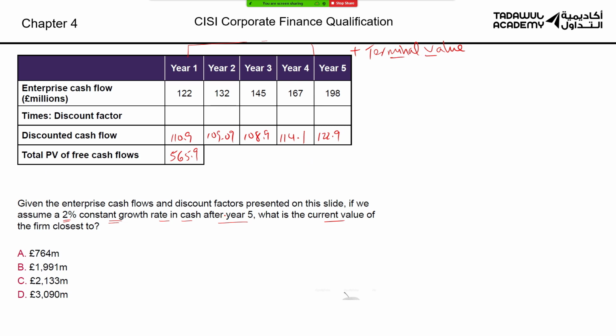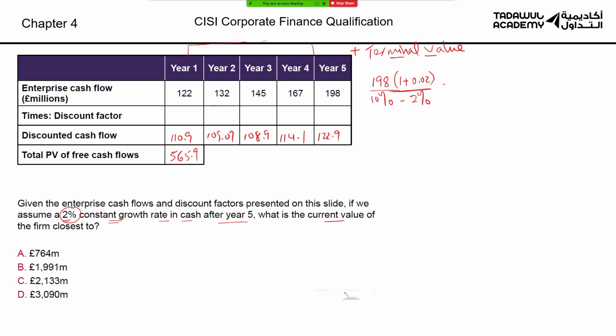So what is the terminal value? The terminal value is basically the value of the cash flow on the last year adjusted for growth. What is the growth here? Constant growth of 2%, divided by the rate. 1 plus growth, 2%, over the discount factor, which is the WACC, which on the previous page was 10%, minus the growth, which is 2%.